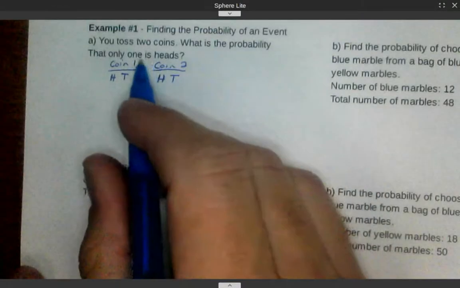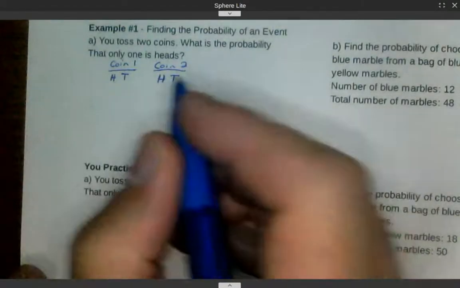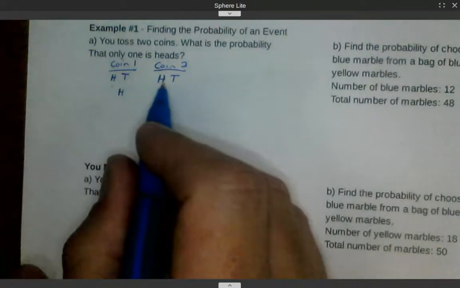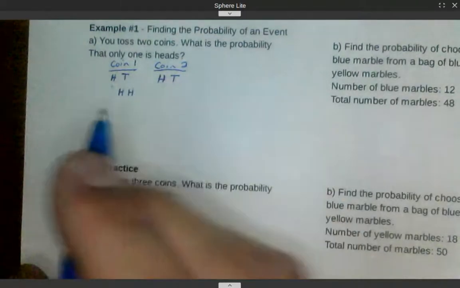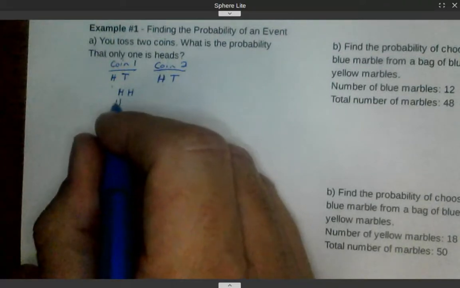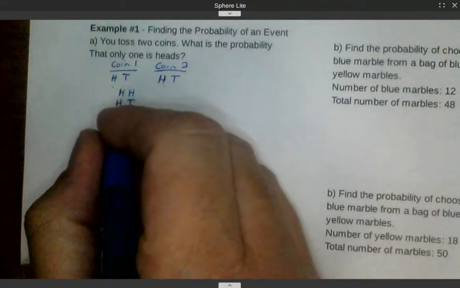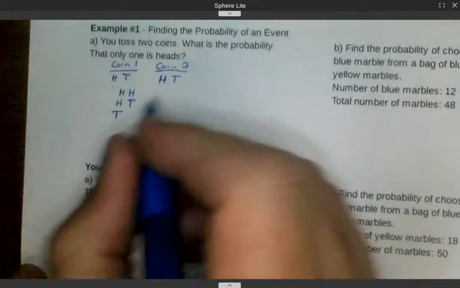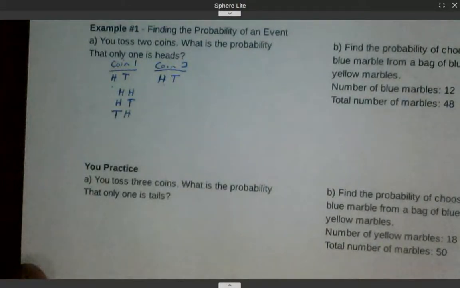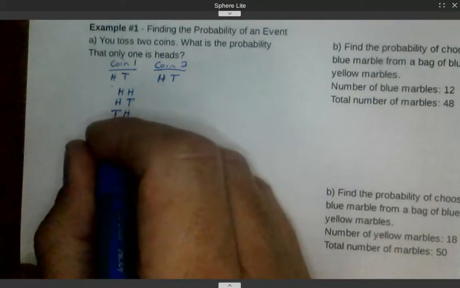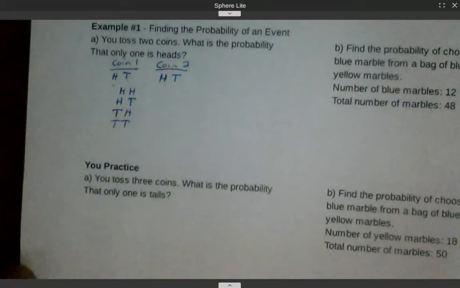So the combinations: if this is heads, this can be heads. If this is heads, the second coin could be tails. If the first coin is tails, the second coin could be heads. And if I do it again, I could say tails and tails. So these are the four possibilities that I have.